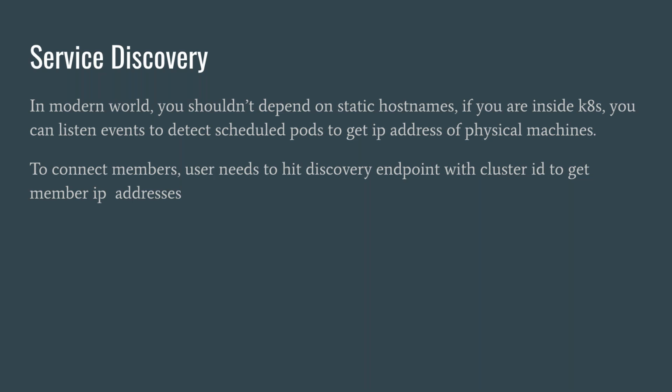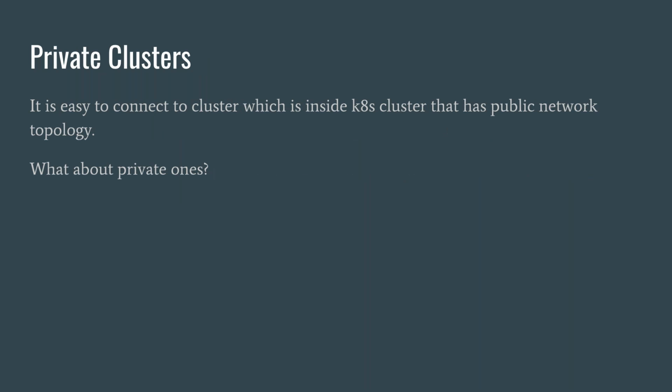Here, you can easily get the member private IP addresses and public IP addresses. And when I call my microservices to store them in the database, the next step is very simple. Inside your client part, the connection part, the user needs to hit some kind of endpoint, and this endpoint will return public IP and port pairs in the response.